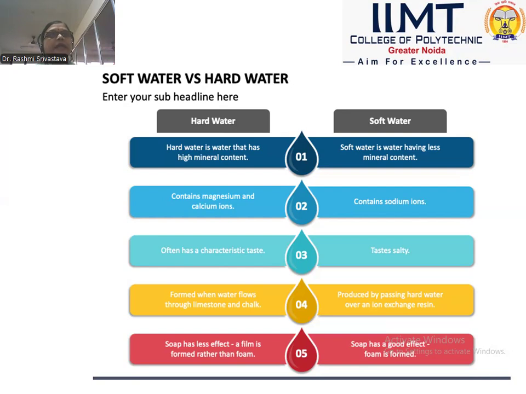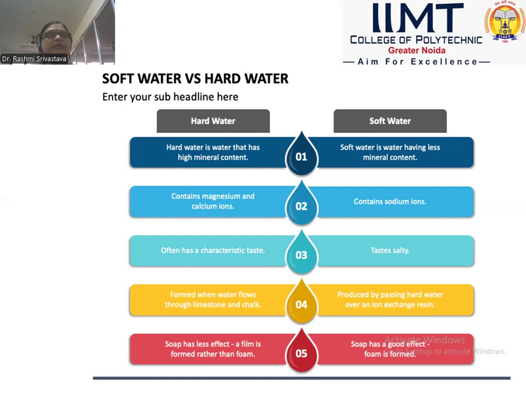High mineral content means hard water contains calcium and magnesium particles much more than enough in quantity. Soft water is water having less mineral content, or less concentration of calcium and magnesium particles in the water.